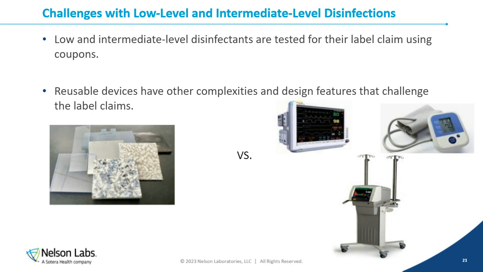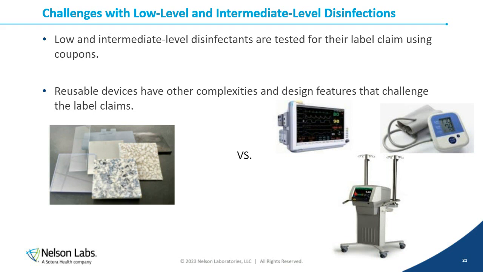But again, we are applying this disinfectant to a more complex device, such as a blood pressure cuff or a monitor, or something that's going to have crevices and buttons that may be difficult to disinfect. So again, we often see that the contact time listed on these low-level or intermediate-level disinfectants may not be sufficient to achieve the needed disinfection level.